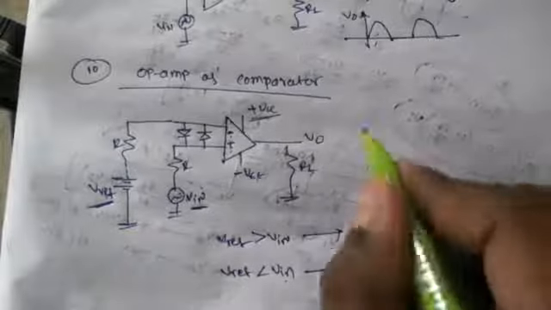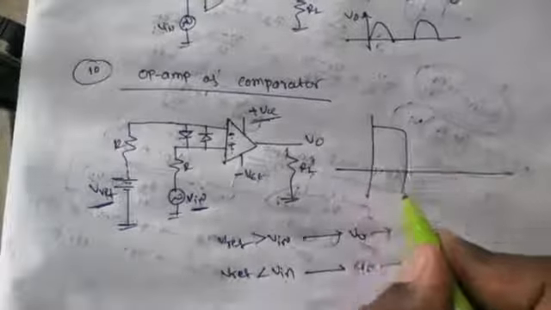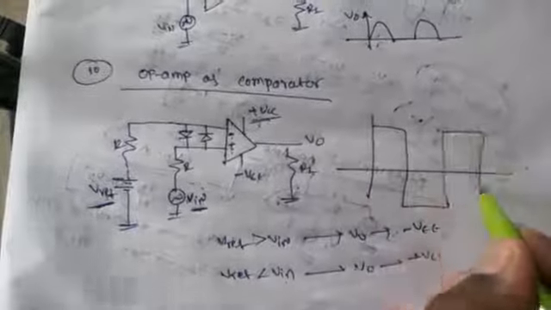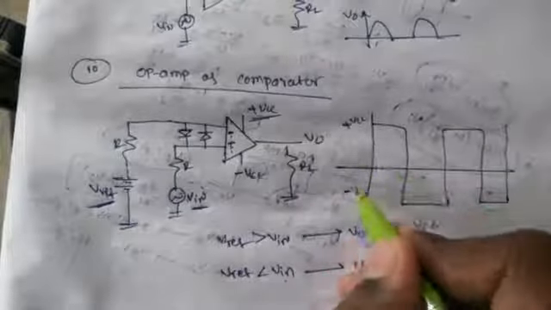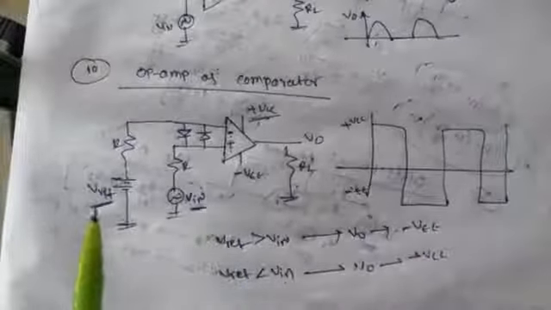So simply the output will be switched to either plus VCC or minus VEE. This is the plus VCC, this is the minus VEE. Depending on the comparator output, whether the reference voltage is greater or the input voltage is greater, the corresponding output will appear.